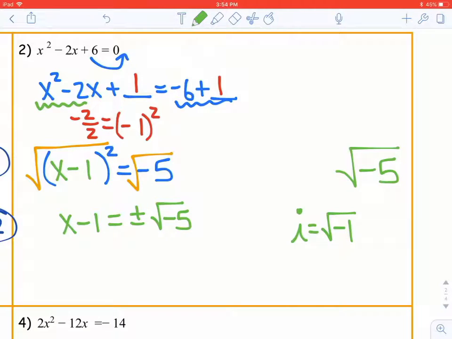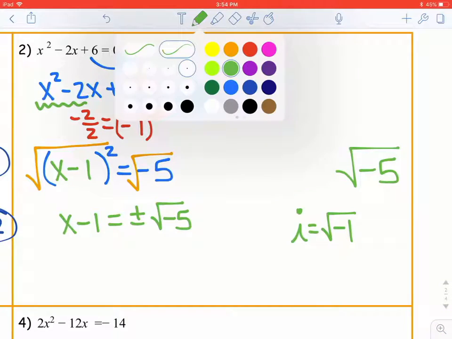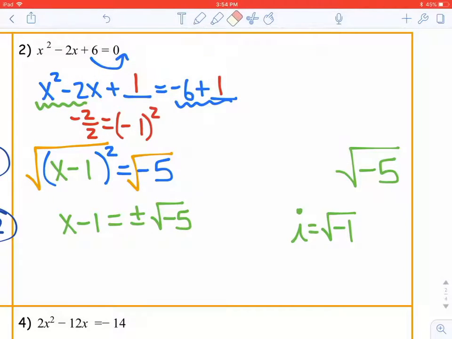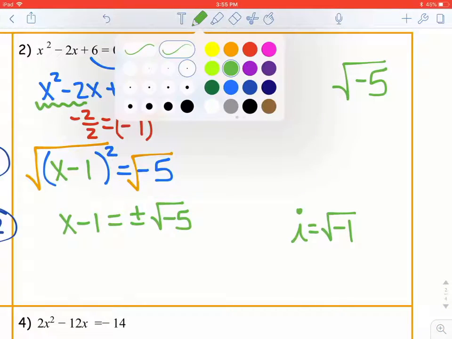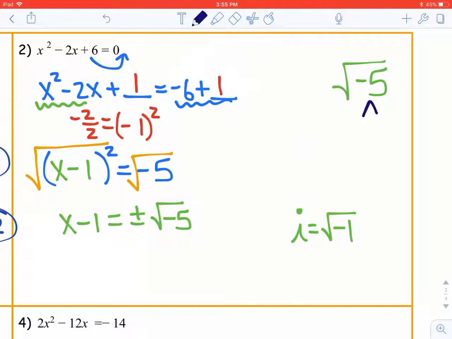And so what we can do is we can say the square root of negative 5, I'm going to move it up a little bit, that we have in our problem now can be rewritten as the square root of negative 1 times the square root of 5. And then if that is equal to i, we can just put it out front.